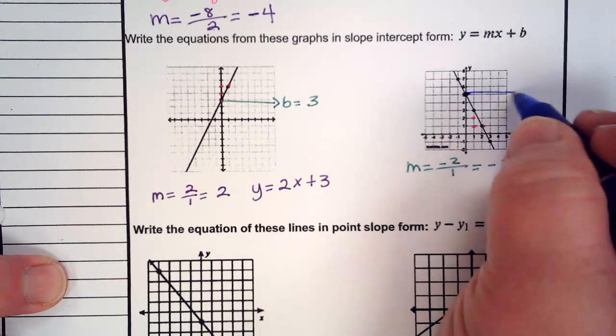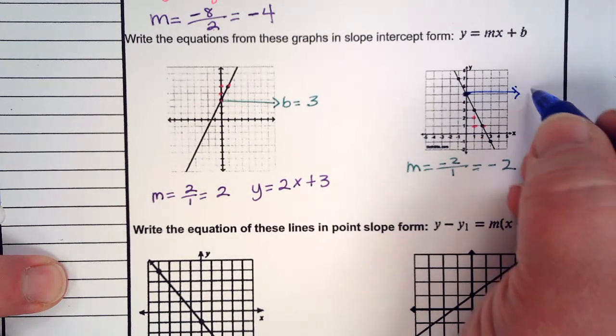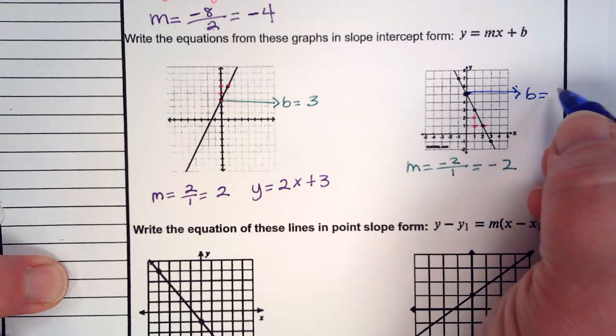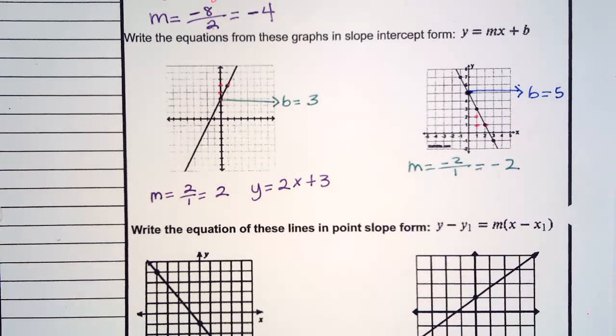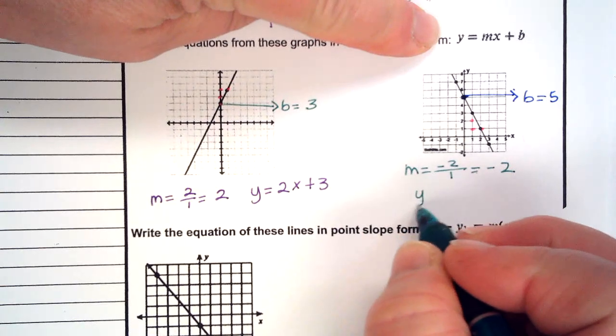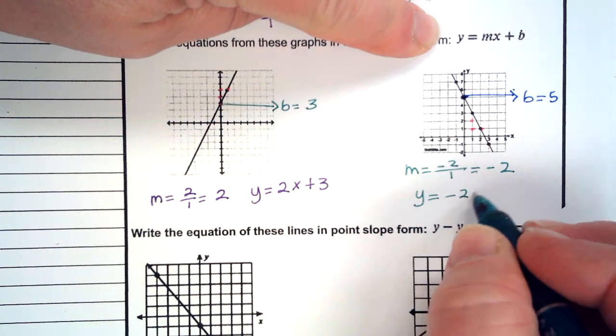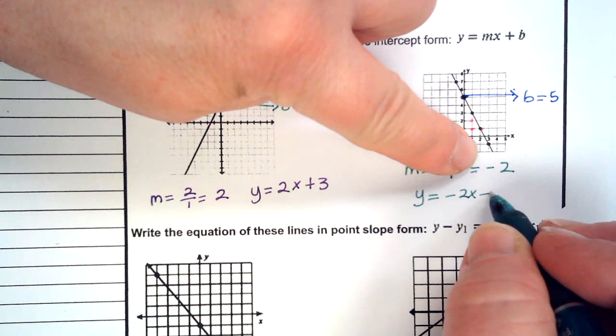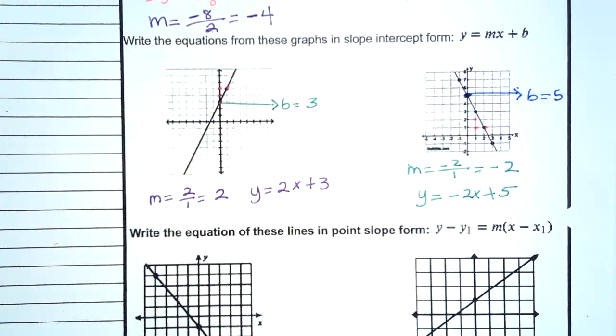This is my b value. Now I put it all together. Y equals negative 2x plus 5, and we're done.